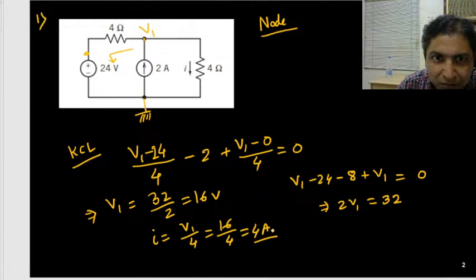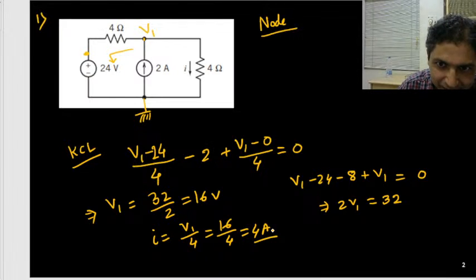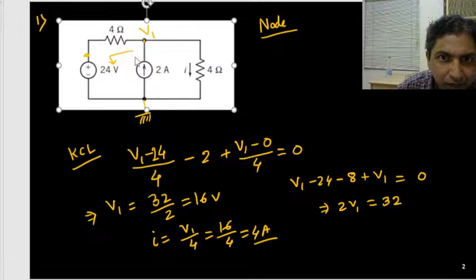Now can you use source conversion for the same problem? Can you check that the same thing could be solved very easily using source conversion? That also I will try to show you. Okay. So let me consider this one again. I repeat.